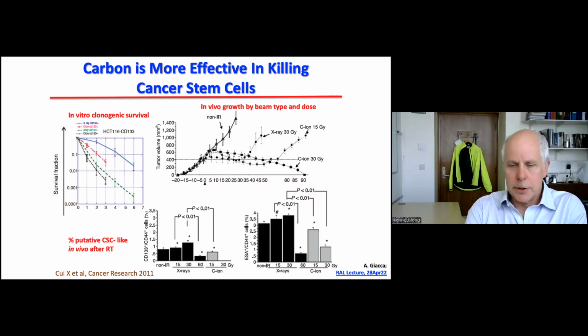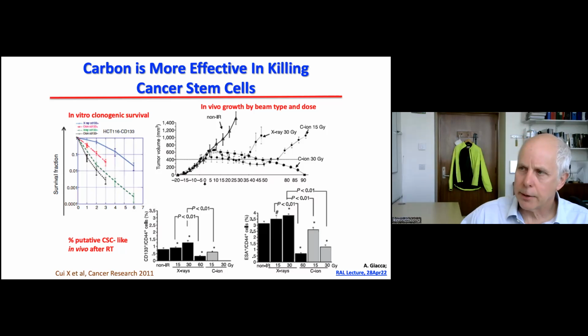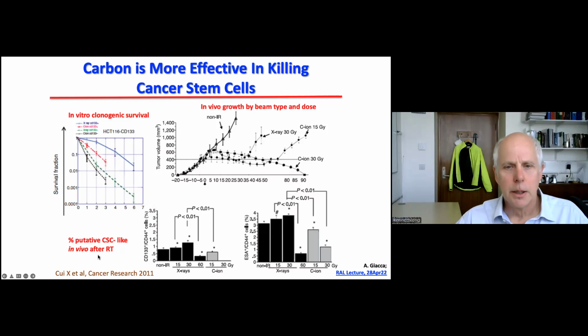Okay, so just a last piece of data. What I'm showing you here is that carbon is more effective in killing cancer stem cells than proton radiation. So what you're looking at is, oh, half my labels have gone. This is a Mac feature, I think.